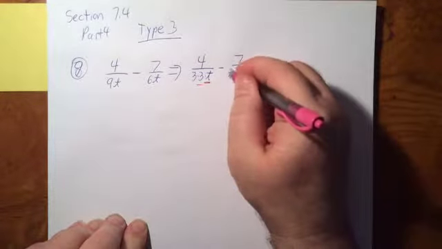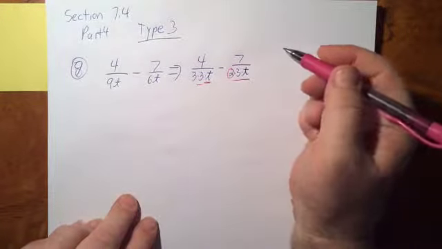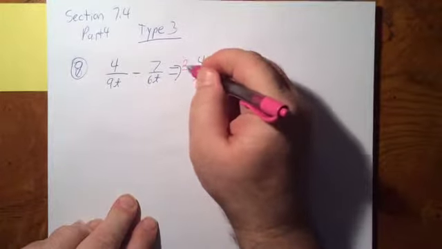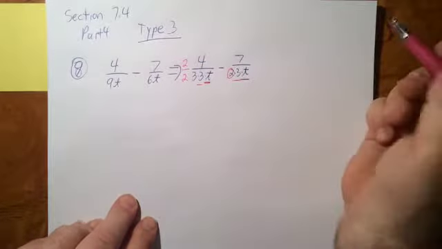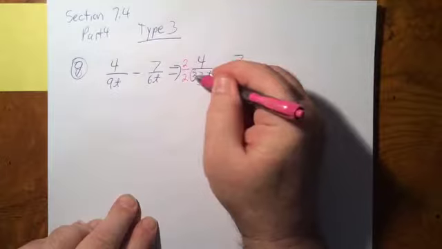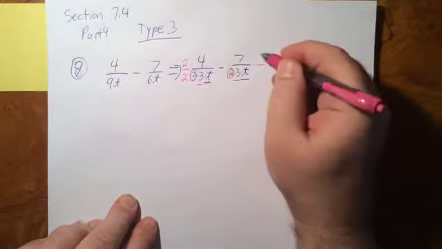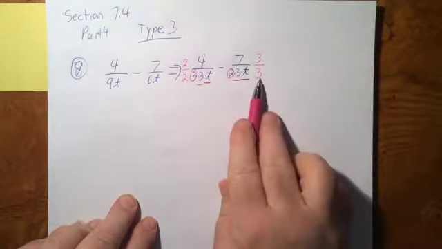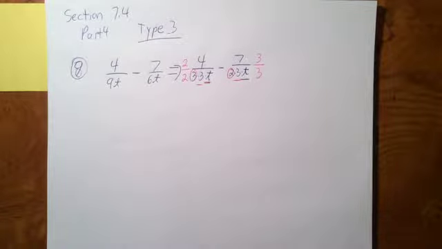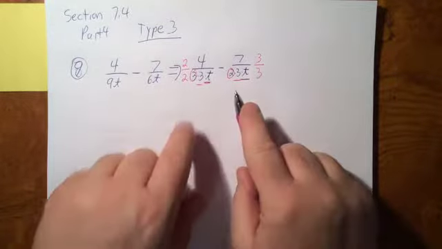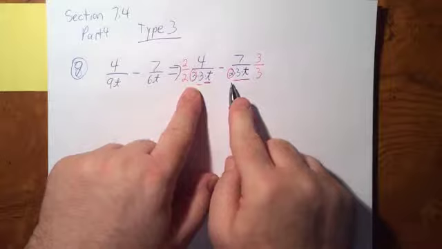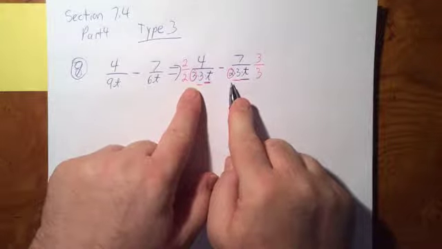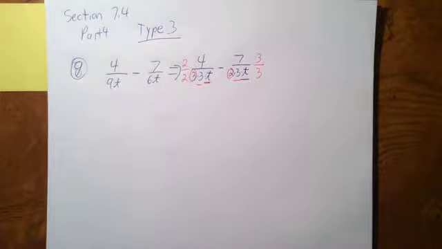I'm going to multiply the top and bottom of this fraction by 2, and multiply the top and bottom of the other fraction by 3. So it's the uncommon factors in the denominators that establish what we multiply each fraction by.